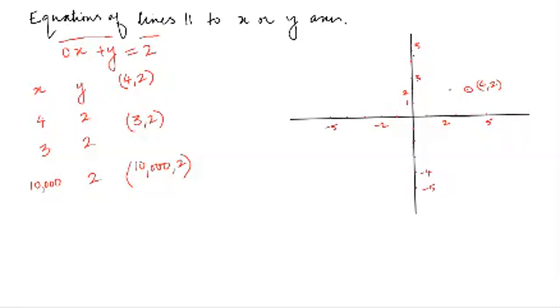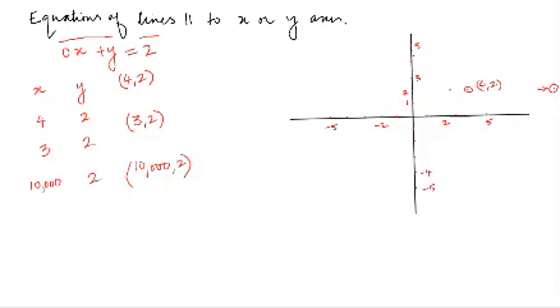How can I write 10,000 here? I cannot because I have marking only till 5. So you see, if I go, the y is 2. When you go quite far to the right side, somewhere there will be a point on the extreme right. But interesting thing, y is again 2.